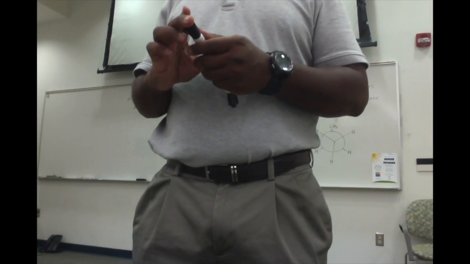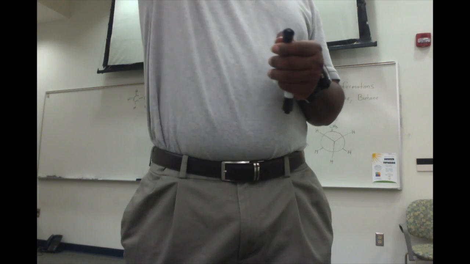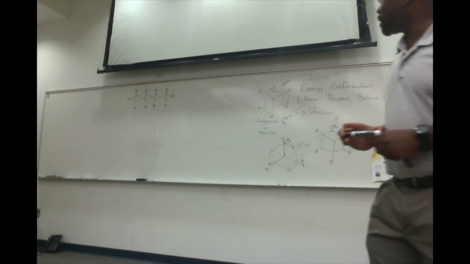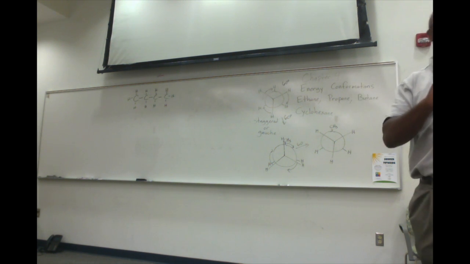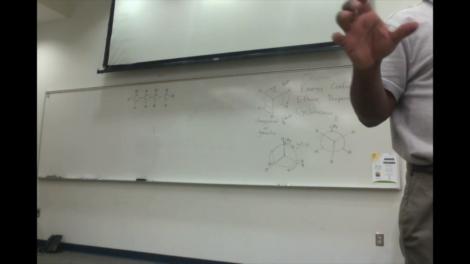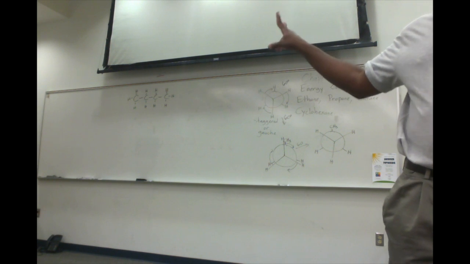A Newman projection abbreviates 2 atoms as a dot and a big circle. You want to pick the 2 carbon atoms that make this molecule as symmetrical as possible, which will be the middle 2 carbon atoms.